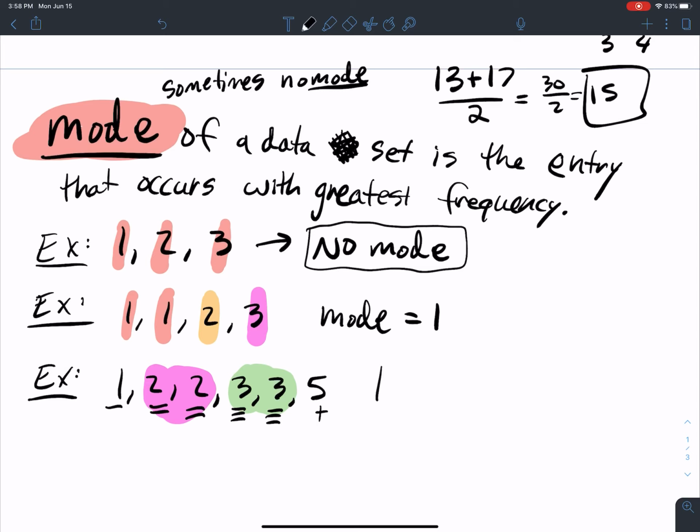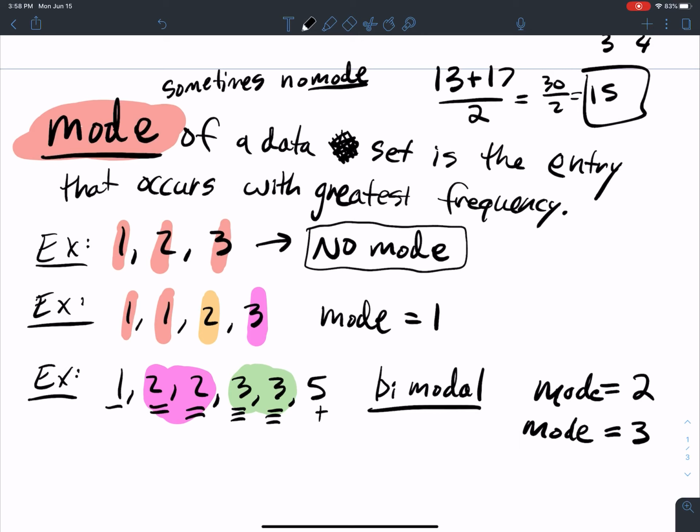So we call this bimodal. Bimodal means there's 2 modes, okay? So there's a mode that equals 2 and a mode that equals 3. Okay, so here's a mode and here's a mode. All right?